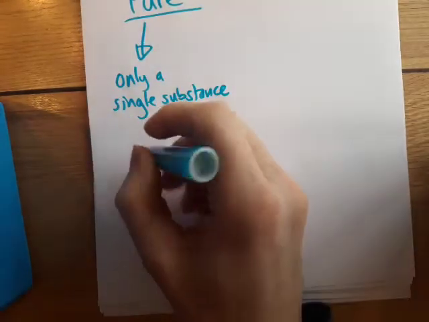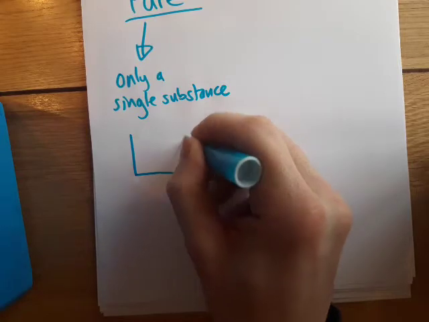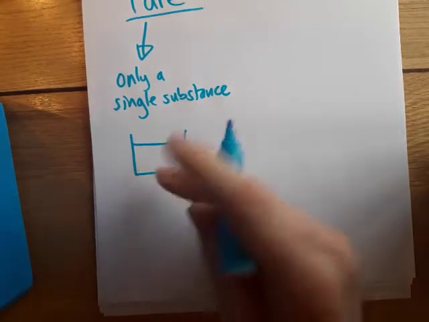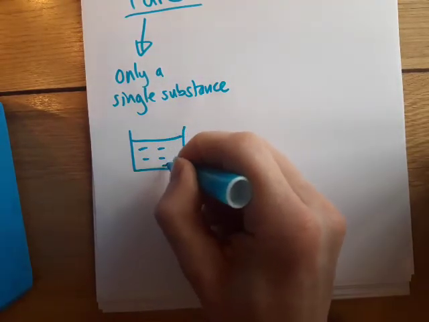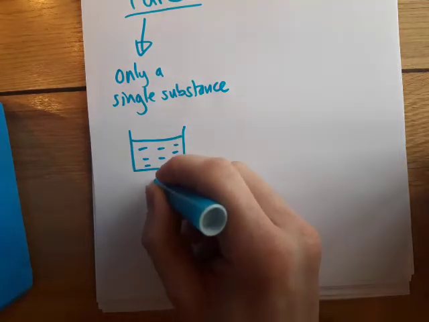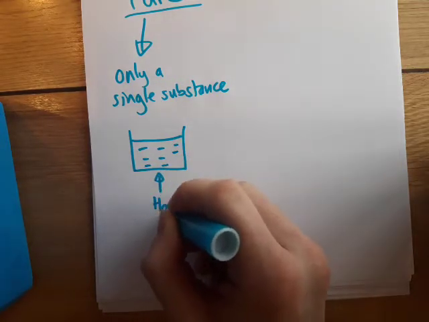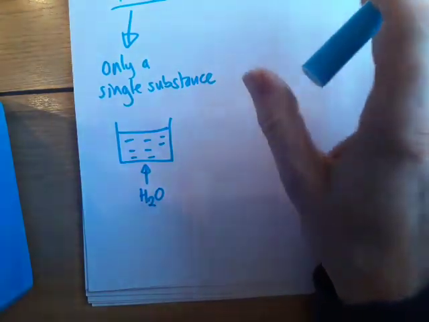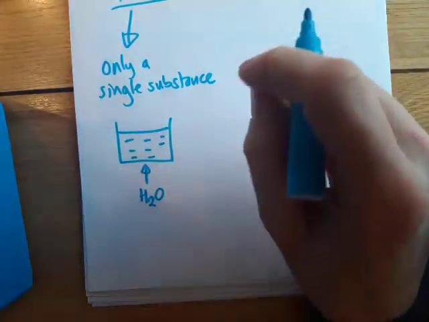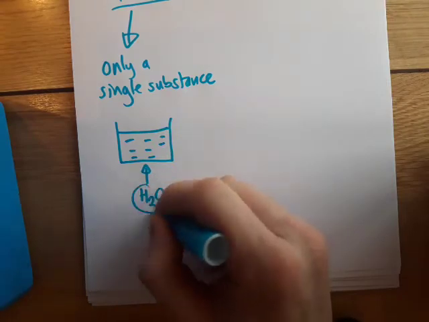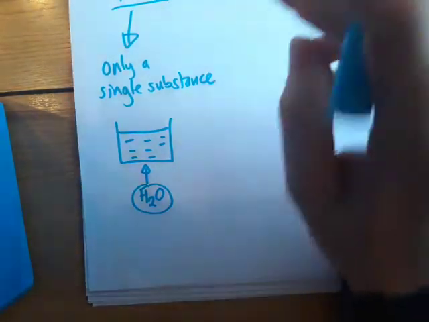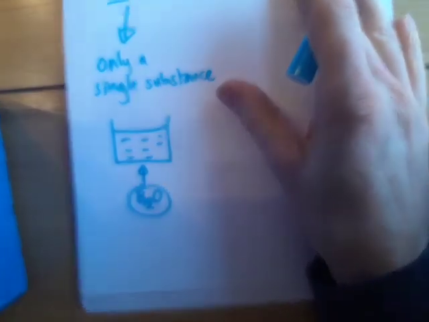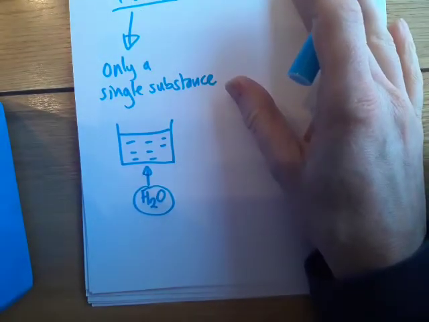So what I mean by this is if you had a beaker of pure water, it would be entirely made of H2O. In other words, there would be nothing else in that water at all. So pure water is just H2O. The water you get from your taps is not actually pure water.